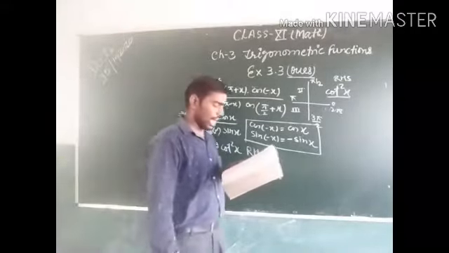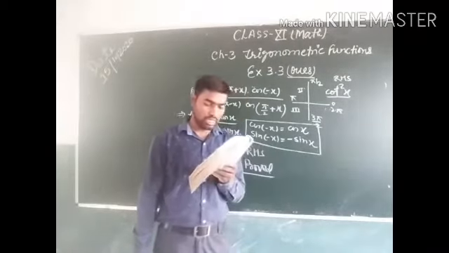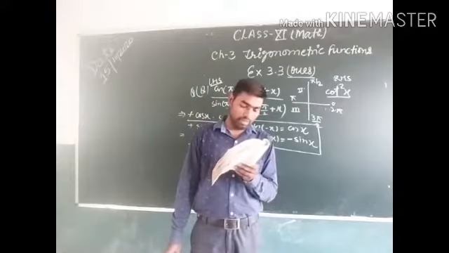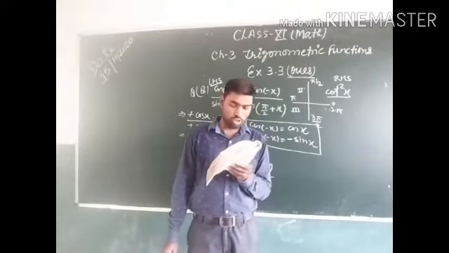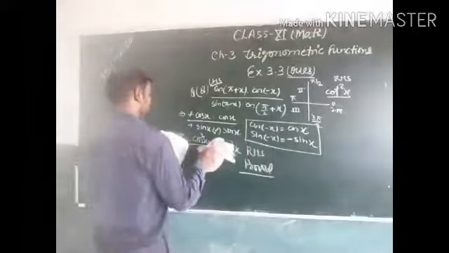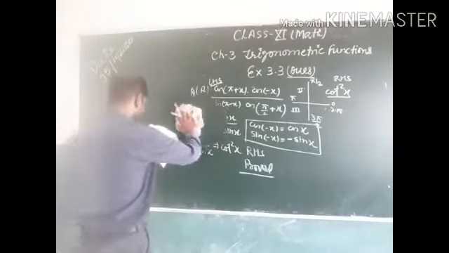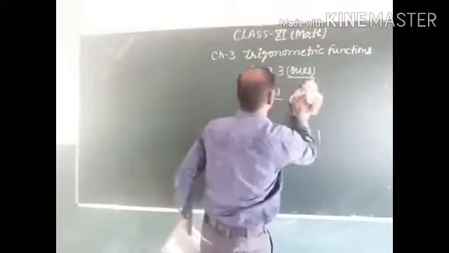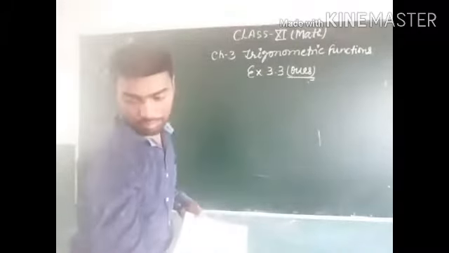Similarly, question number 9, question number 10 and question number 11. I will do question number 11. Question number 9 and question number 10, do it yourself. So we solve question number 11.